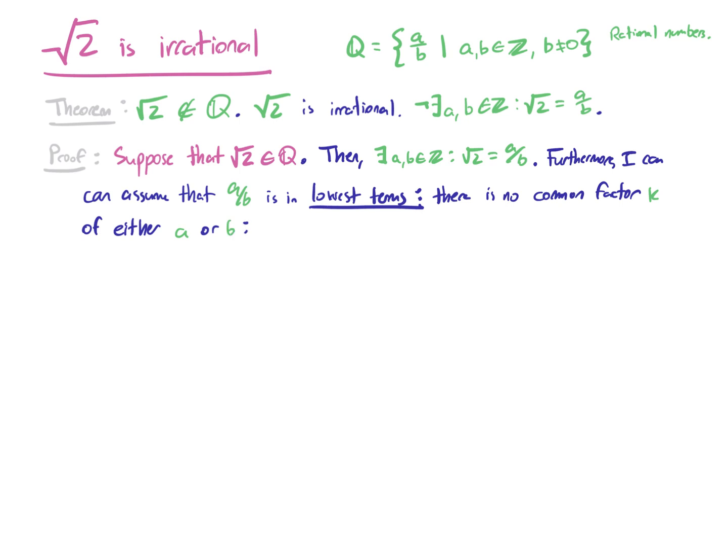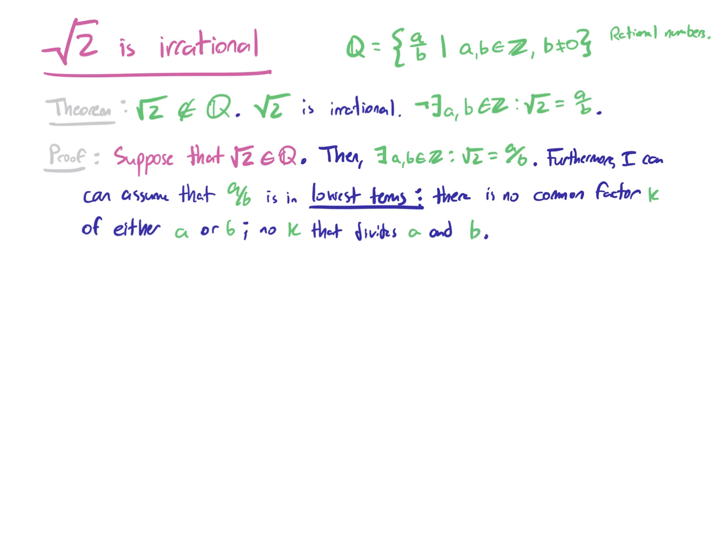So this means there is no k that divides a and b.